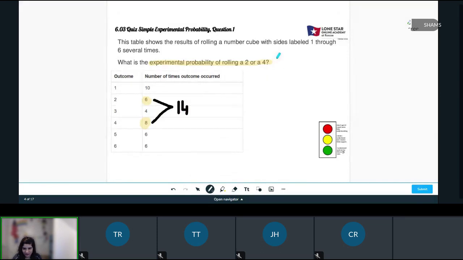So we know it happens 14 times that a person either rolls a 2 or a 4 out of a total of, let's find the total number of tries. Add up 10, 6, 4, 8, 6, and 6. I again got 40.